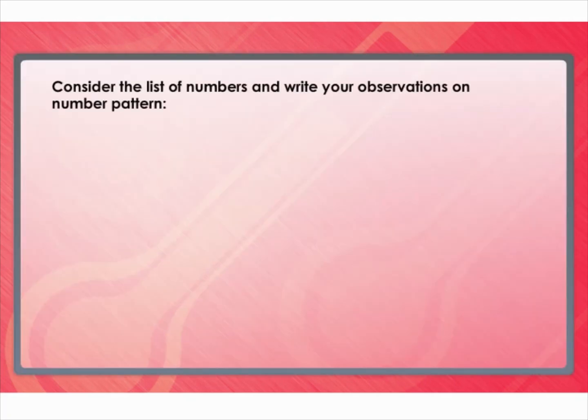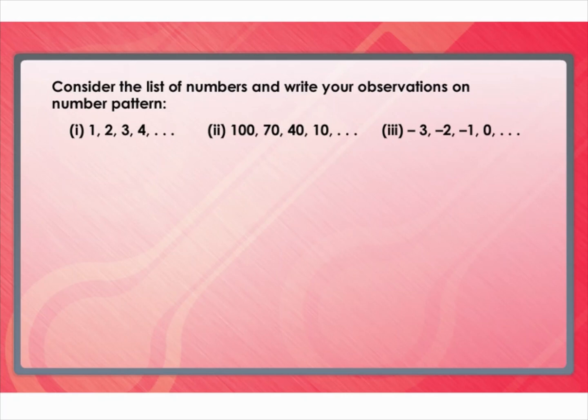Consider the list of numbers and write your observations on the number pattern. 1: 1, 2, 3, 4, and so on. 2: 100, 70, 40, 10, and so on. 3: -3, -2, -1, 0, and so on.